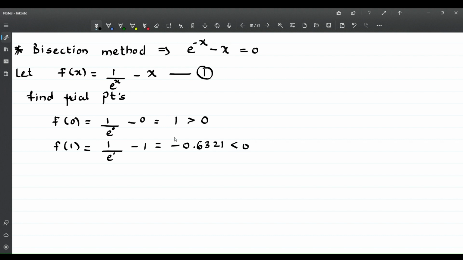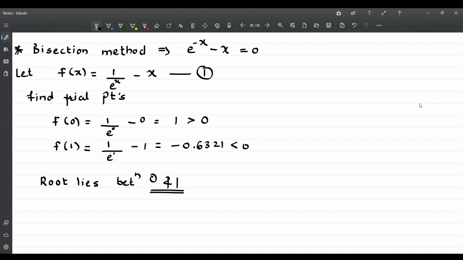So the answer will be negative. So these are our two trial points. So we'll write here: root lies between 0 and 1.